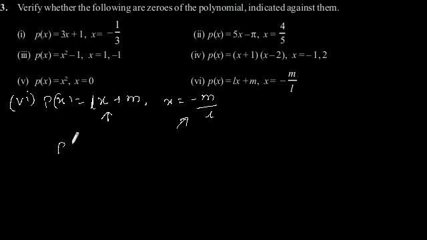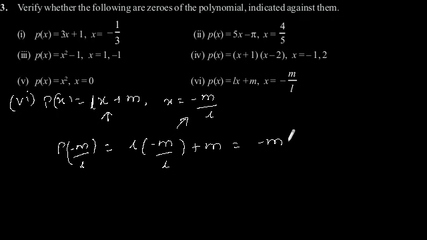So putting x is equal to minus m by l, l into minus m by l plus m, this is equal to minus m plus m is equal to 0. So again we can say that x is equal to minus m by l is a zero of the given polynomial. So the answer is yes.